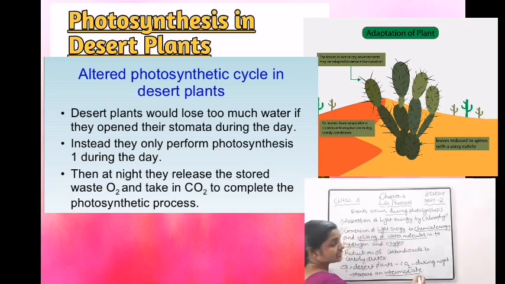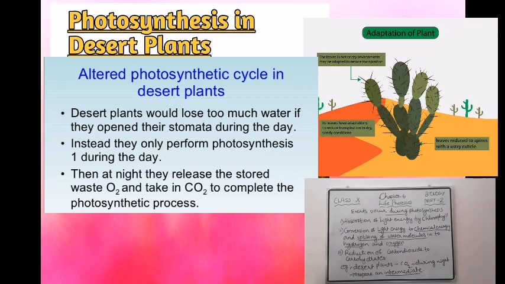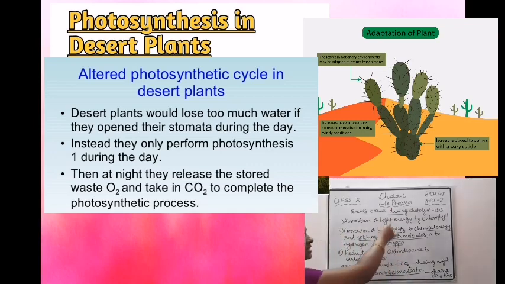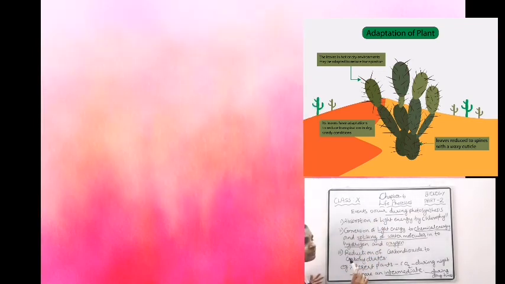This intermediate is acted upon by the energy absorbed by the chlorophyll during the daytime. The photosynthesis in desert plants is completed in two times. Carbon dioxide is absorbed during night time and they prepare an intermediate. Then this intermediate acts upon the chlorophyll during the daytime only. So these are the events in photosynthesis and the photosynthesis in desert plants.